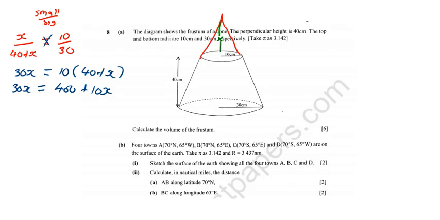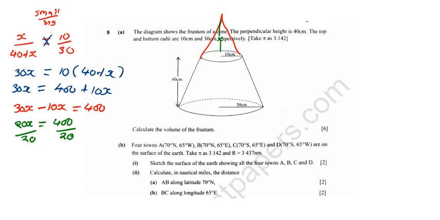So now I can collect the like terms. The 10x will come beside and becomes negative 10x, and the 400 stays. When you subtract 30x minus 10x, we are getting 20x is equal to 400. Solving for x, I divide both sides by 20.